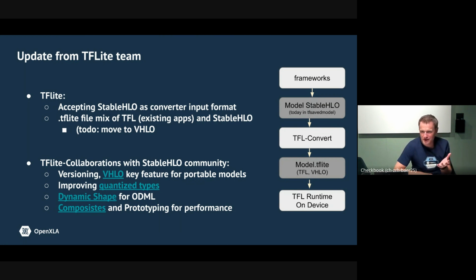As we're doing that, one of our proposed discussion topics is this: we have an internal work stream to define what the right subset of stable HLO to support on devices is. Maybe not all of it is really focused on inference.